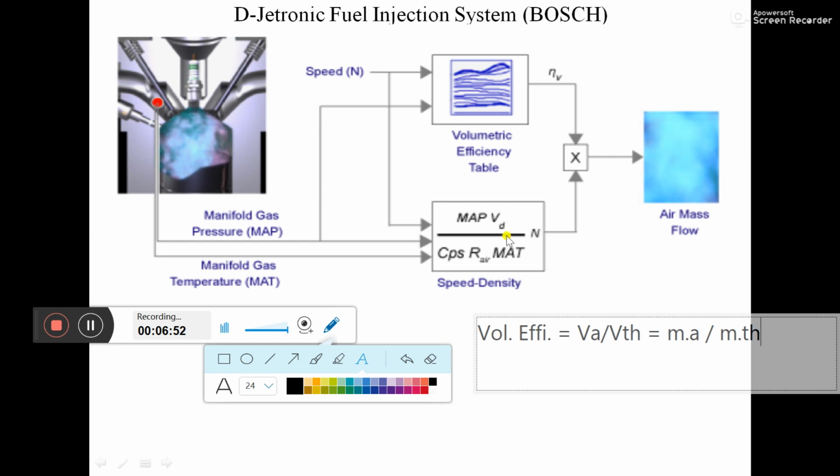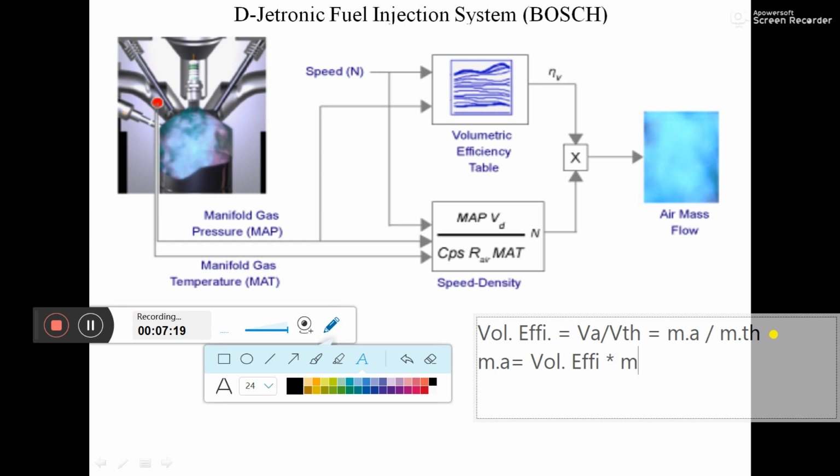Here we have already done with the theoretical mass, and we have to calculate the actual mass. So with respect to that relation, we can calculate m dot a, that is the actual mass, is equal to volumetric efficiency multiplied by m theoretical.